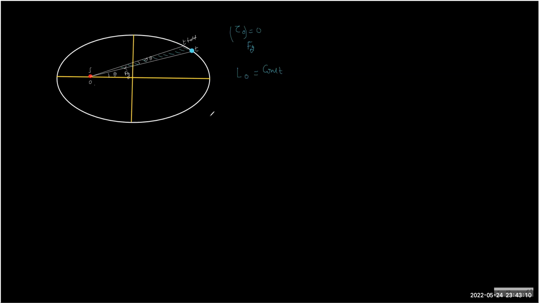So from the definition of area vector, we can write dA equals half r square d theta. The areal velocity, dA by dt, will become half r square d theta by dt, correct? Yes, sir. And d theta by dt we can also write as omega.